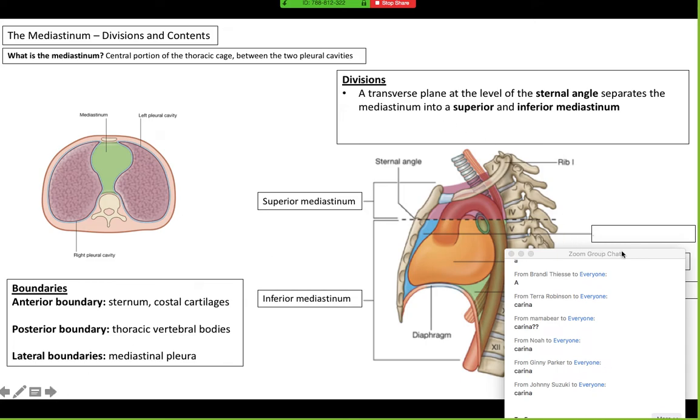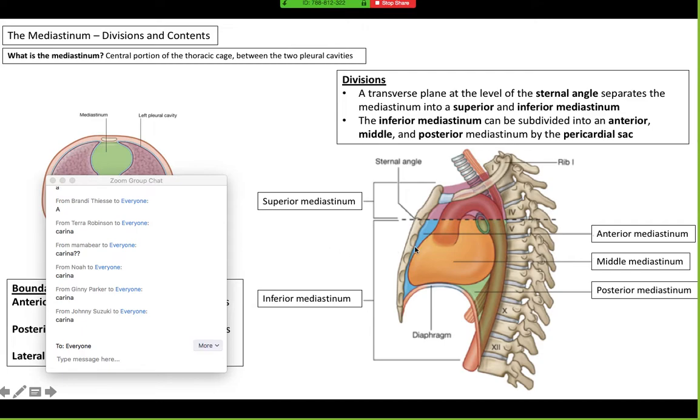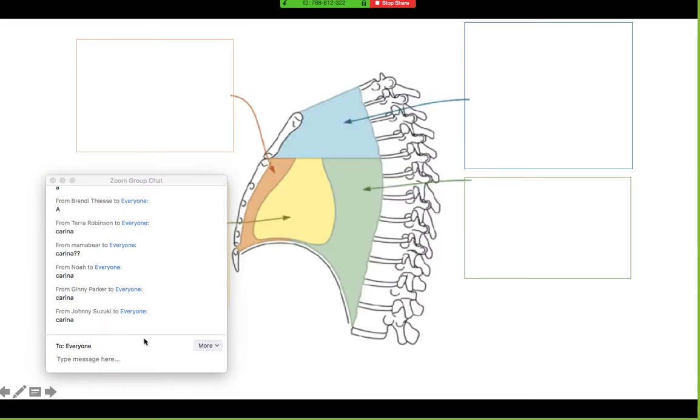We can also divide the mediastinum into a superior and inferior mediastinum by the sternal angle, another thing we can identify based on the sternal angle. Then we can further divide the inferior mediastinum into an anterior, middle, and posterior mediastinum, and what does this is the pericardial sac surrounding the heart.